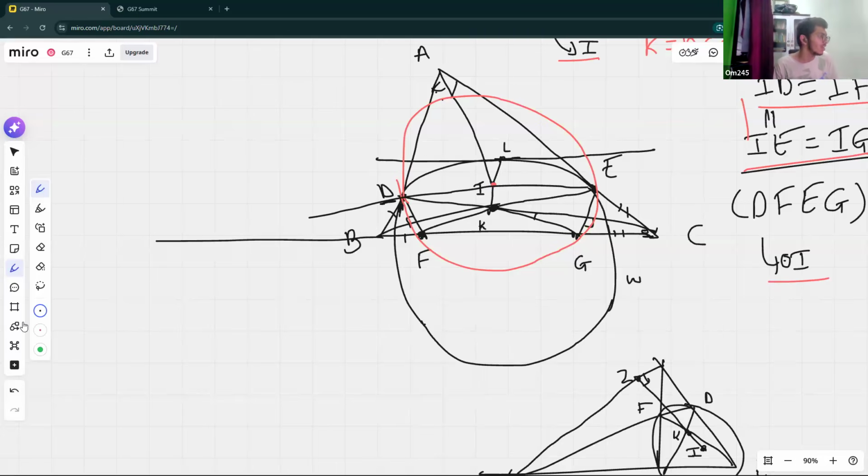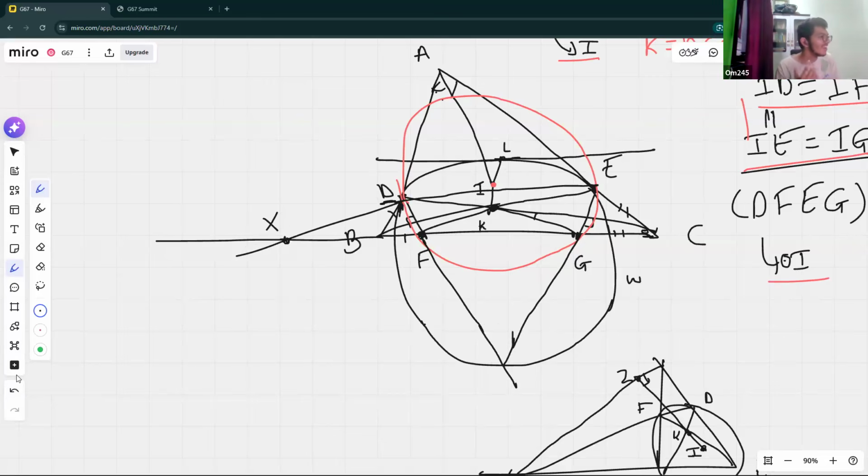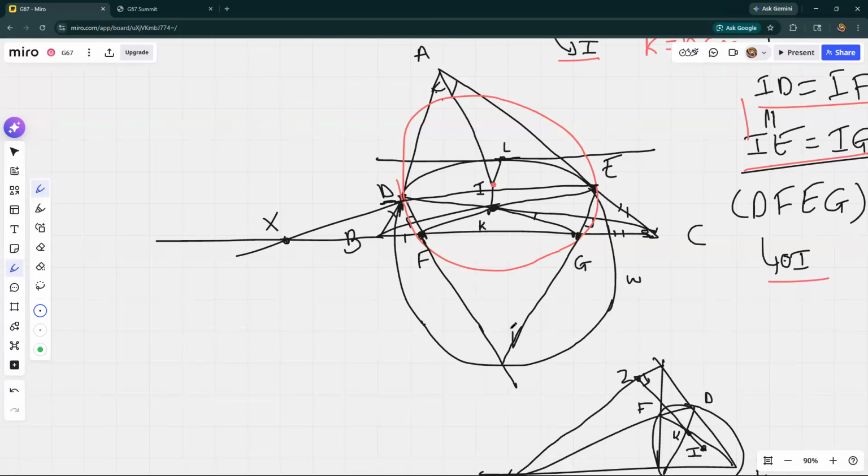So I will draw this. It should not pass through, I mean, it may not. I'm just bad at drawing. Name it X, and let's name the Miquel point T. Why is it intersecting there? It should not. Or does it? I'm discovering it myself.